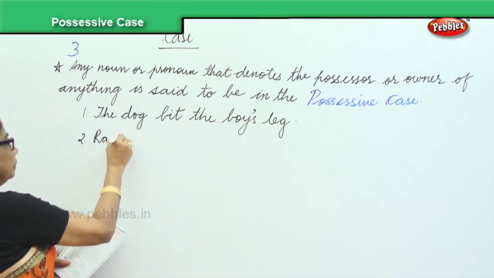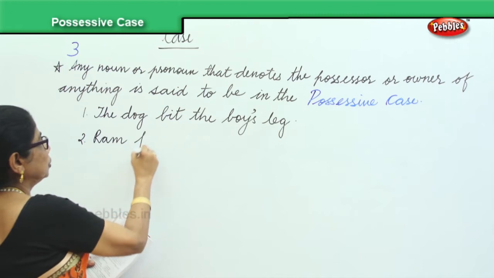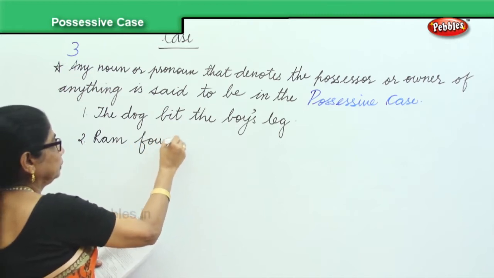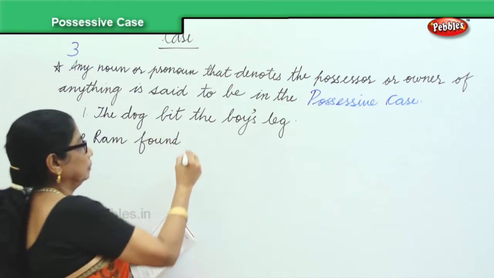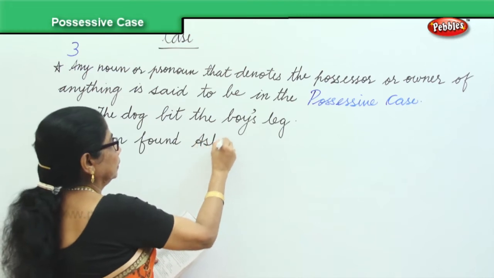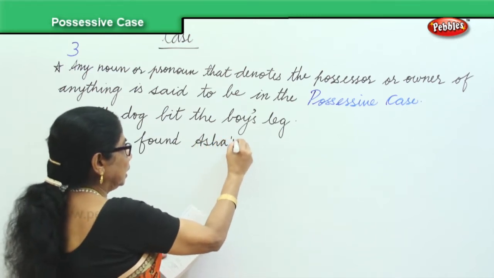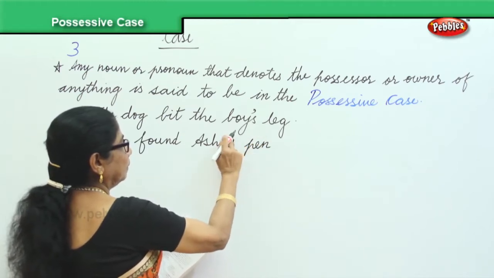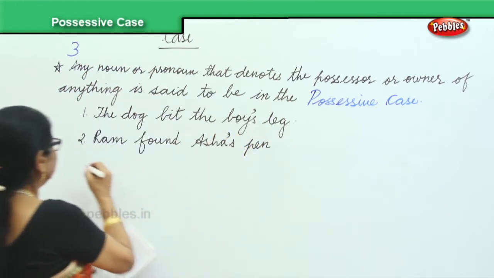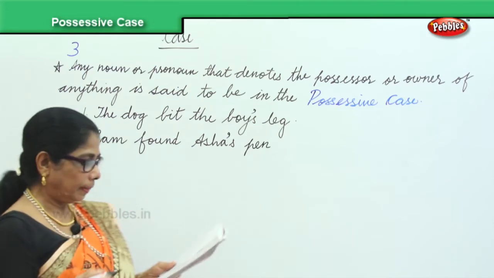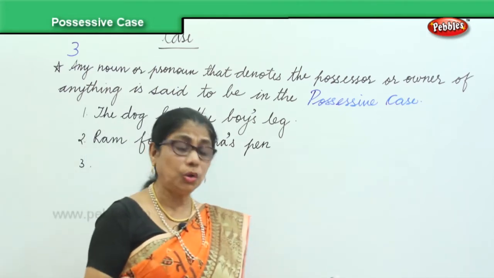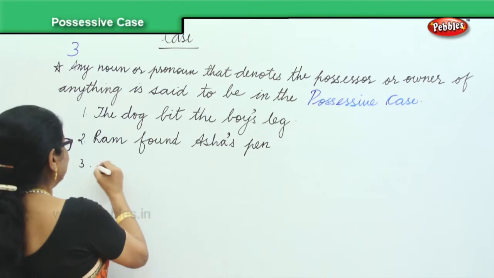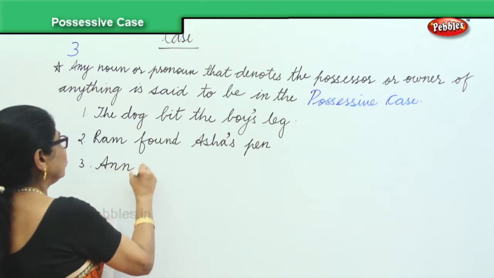Ram found Asha's pen. Then Anne lost her mother's ring.